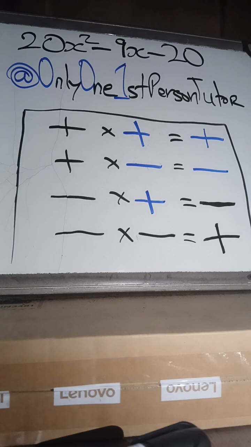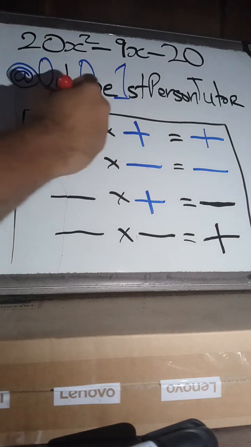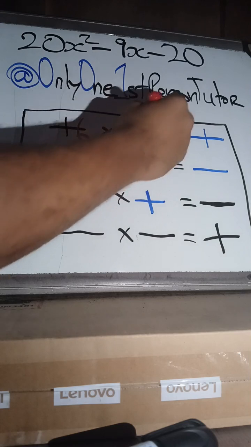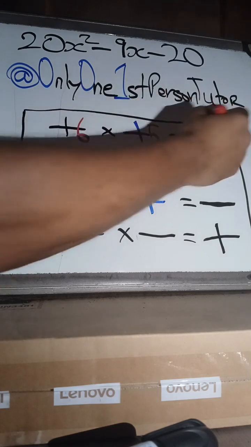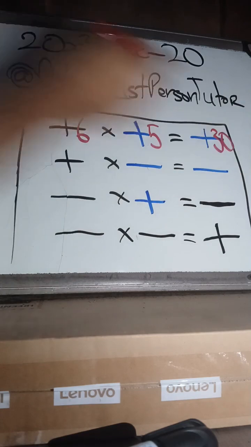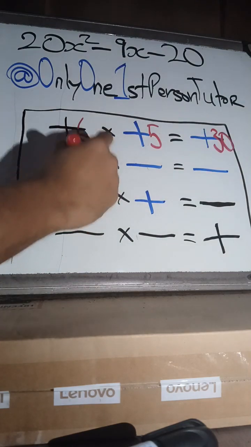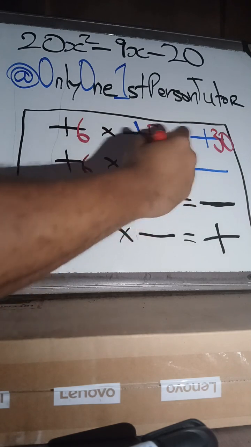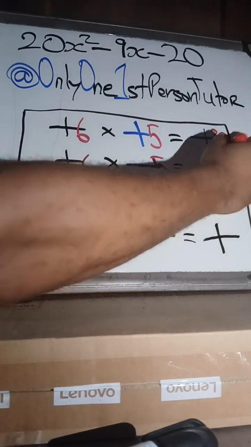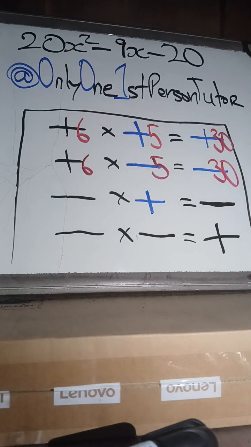So let us say you were now to put numbers to all of this. Let's say you had positive 6 times positive 5, obviously that is positive 30. If you have positive 6 with a negative 5, you'll end up with a negative 30. Right?